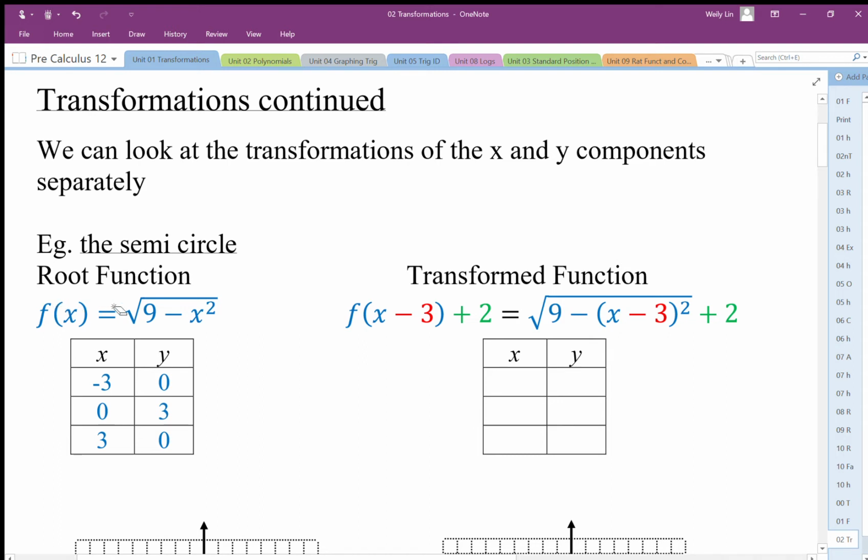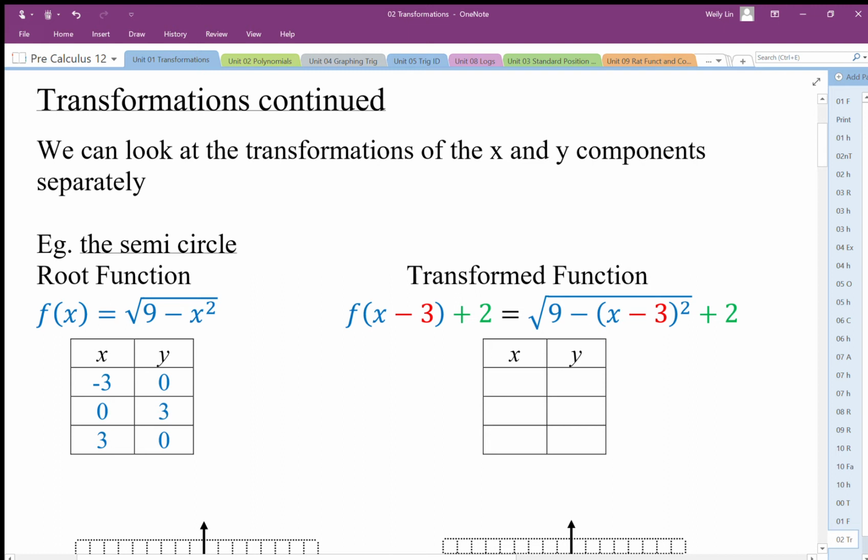Once we establish the function, the input and output of the function, we don't change this. This is now fixed. We don't change the inputs and outputs, and we don't use the function to calculate any transformation points. We don't use this square root or squared to change these points. We're only going to use the x transformations on the x and the y transformations on the y.